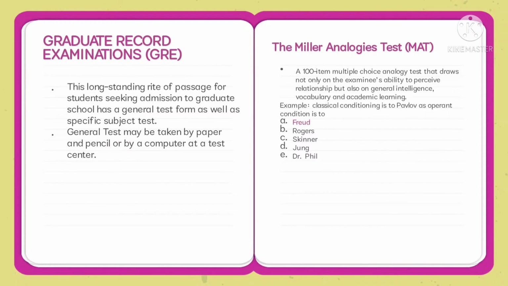Another widely used examination is the Miller Analogies Test, or the MAT. This is a 100-item multiple choice analogy test that draws not only on the examinee's ability to perceive relationships but also on general intelligence, vocabulary, and academic learning.